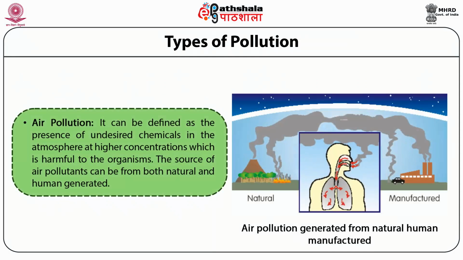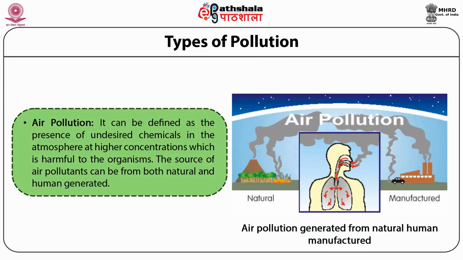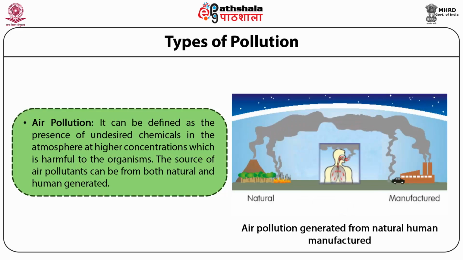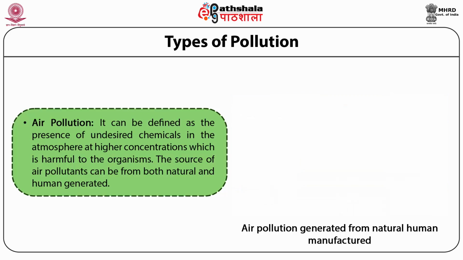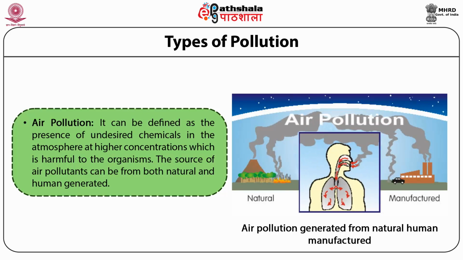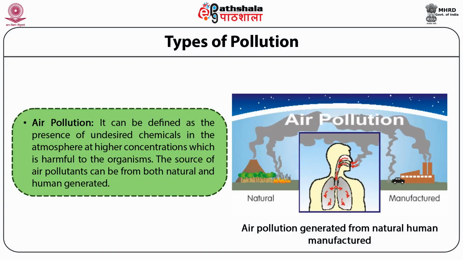Air pollution. Air pollution can be defined as the presence of undesirable chemicals in the atmosphere at higher concentration which is harmful to the organisms, materials and to alter climate. The sources of air pollutants can be both natural and human generated.